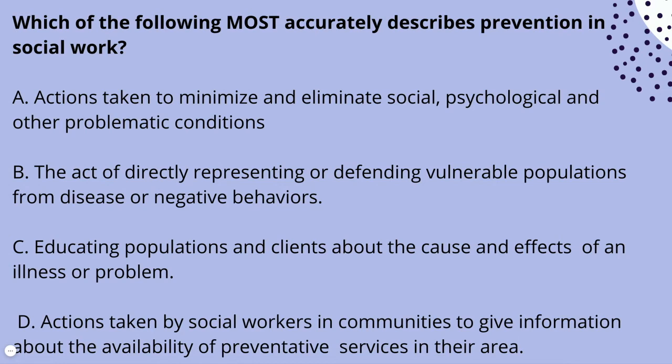C, educating populations and clients about the cause and effects of an illness or problem. Or D, actions taken by social workers and communities to give information about the availability of preventative services in their area. Go ahead and take a moment to read through these answer choices.